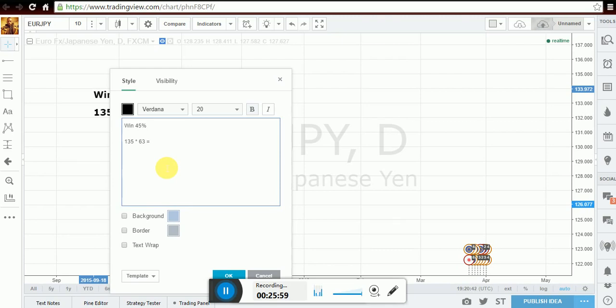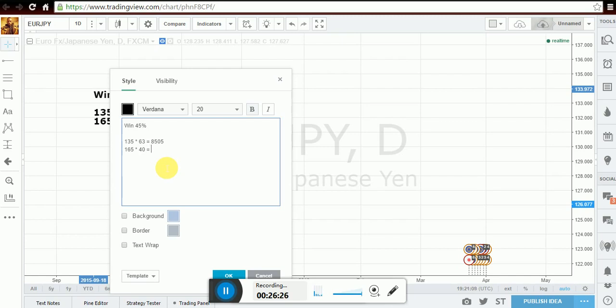We win 135 trades, that is 63. So we're going to have a total profit of 8,505 pips. And if we lose 55%, if we lose 165 trades, 165 plus 135, that's 300 trades, with an average loss of 40 pips per trade. That's what our current result is.